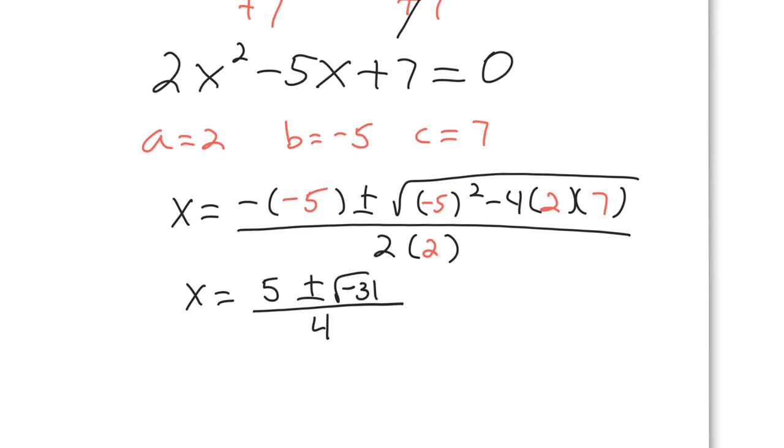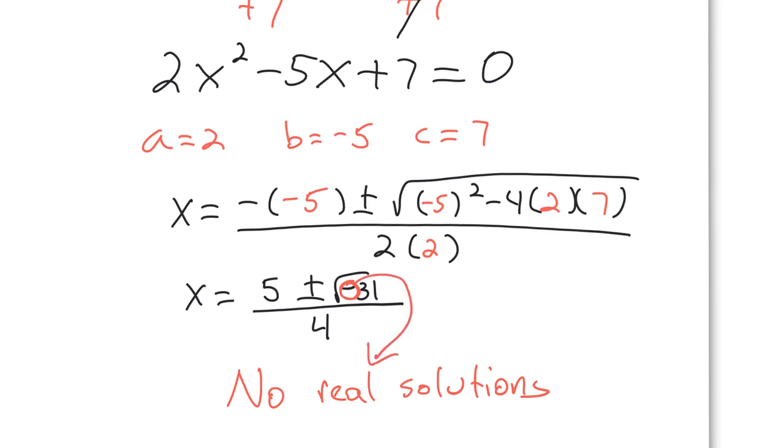But since we are not doing imaginary numbers in Algebra 1, you're going to do that in your upper math classes, which is Algebra 2 and beyond. But what we are going to do here, since we have a negative inside of the radical, we say our answer is no real solutions. And I'm going to put an arrow here so you know this negative is no real solutions.